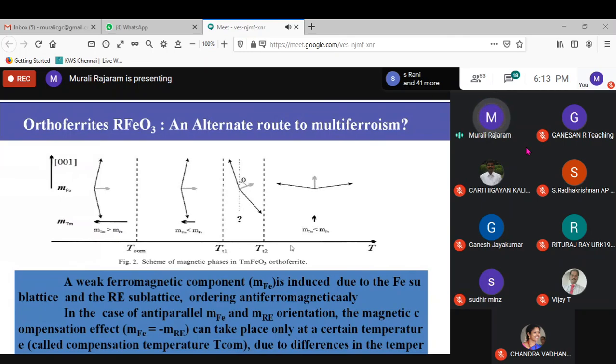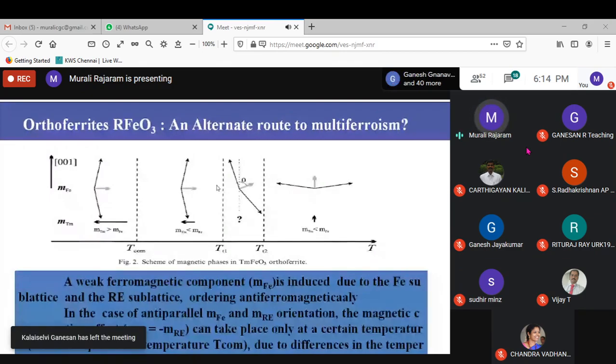This is the temperature scale, and above a certain temperature, these are all antiferromagnetically oriented. Your ferromagnetic component is in this direction. If you cool down, if you reduce the temperature, the most interesting thing is that the iron spins start rotating spontaneously. That is very important. That is called spin reorientation.